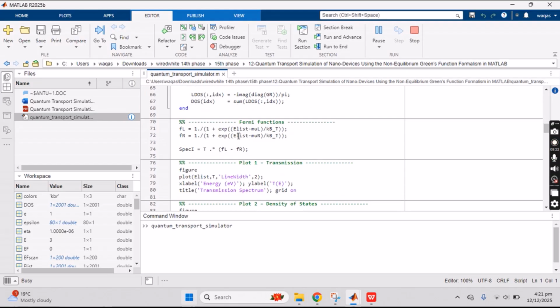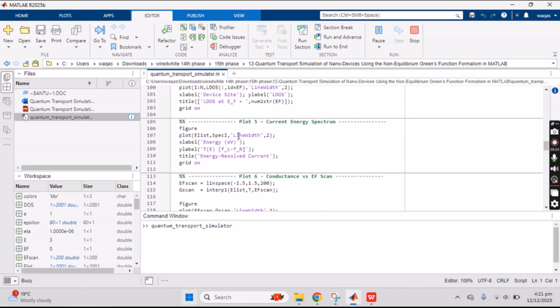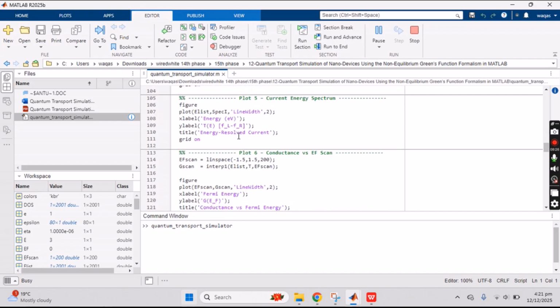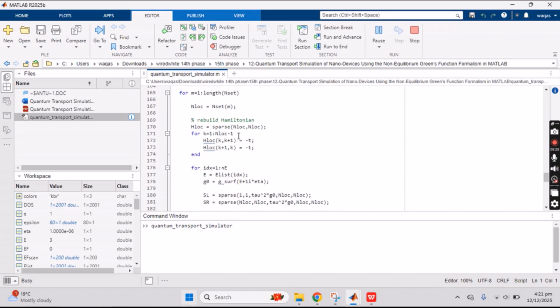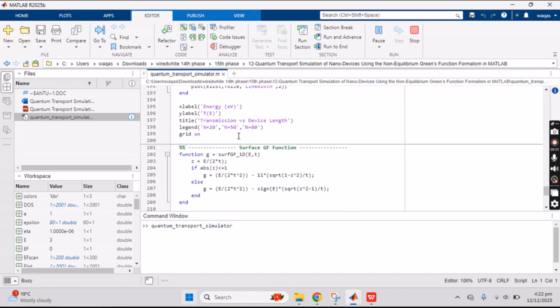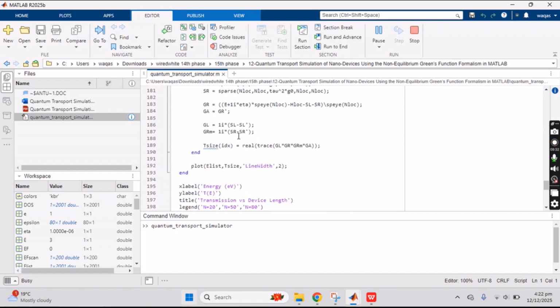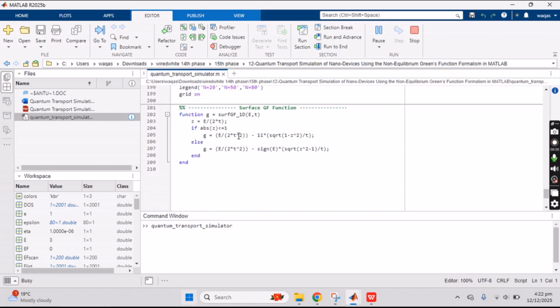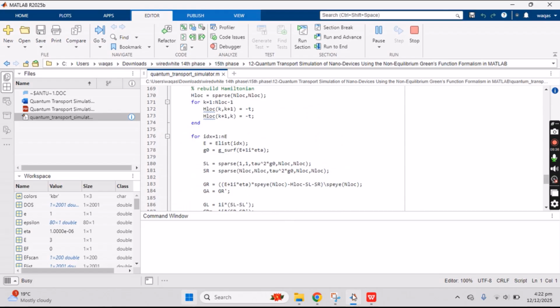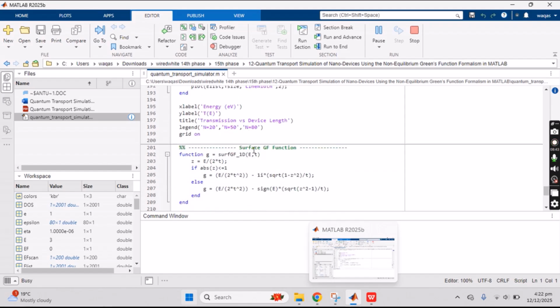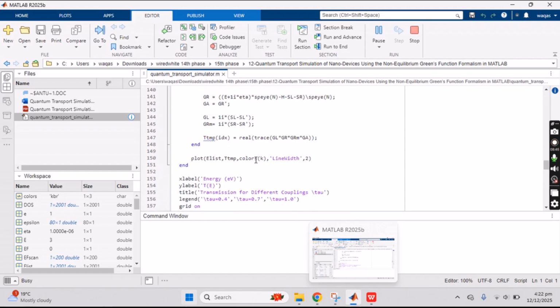All the plots are produced by the MATLAB code. Functions such as the surface function are defined at the end of the code, because otherwise the MATLAB code will not run, so that's why I have defined the functions at the end of the code.